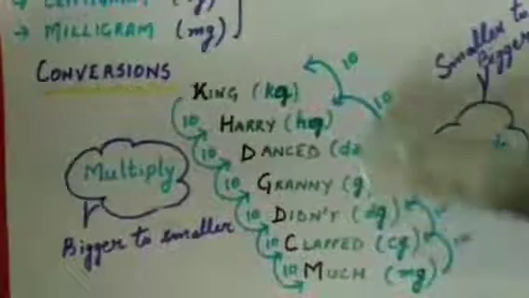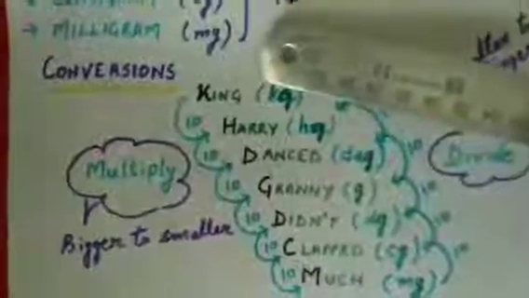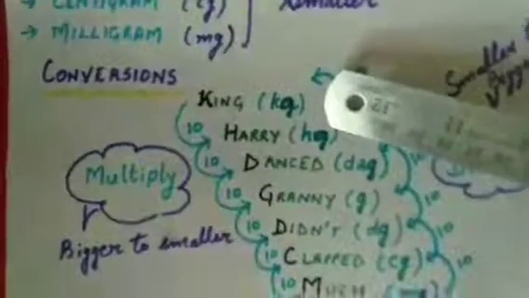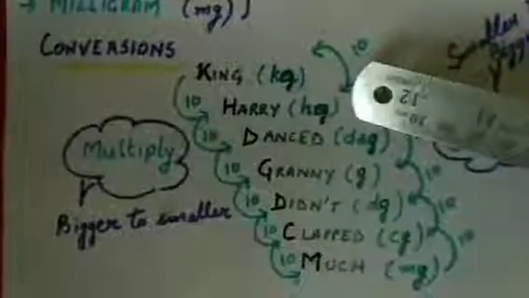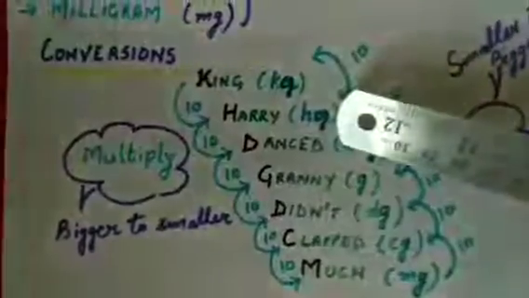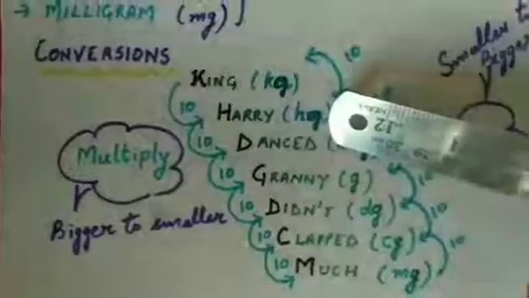If we want to convert kilogram into hectogram, we will multiply by 10 because there is a jump of 10 between two units of measurement. If we want to convert kg into decagram, then we need to go 2 steps down. So we will multiply by 100.